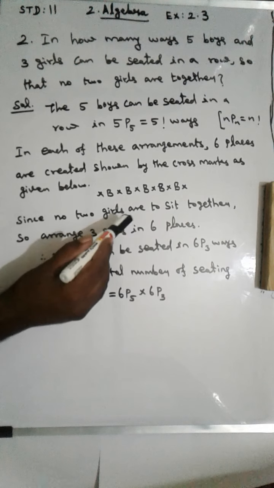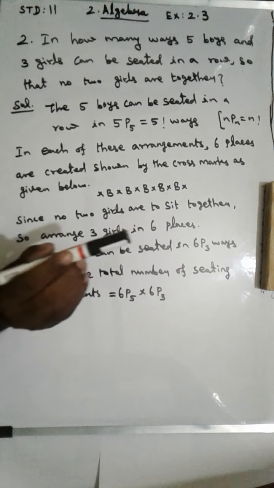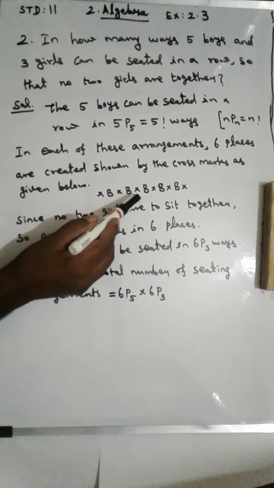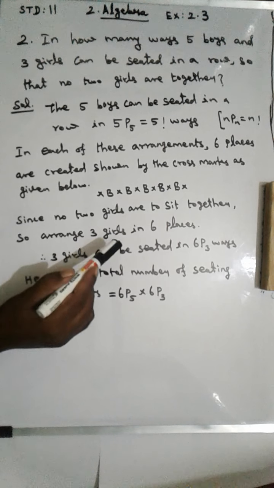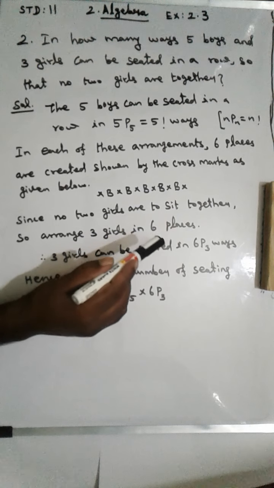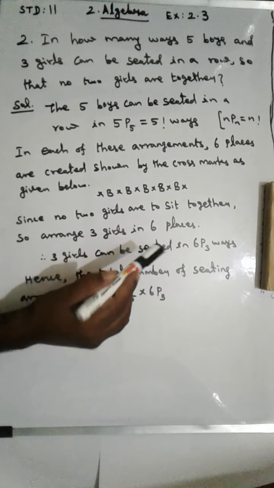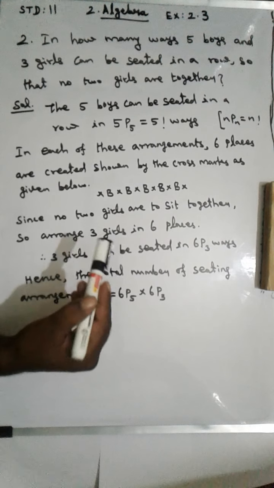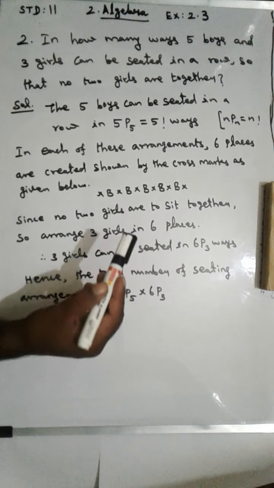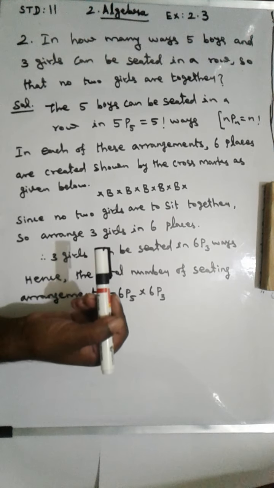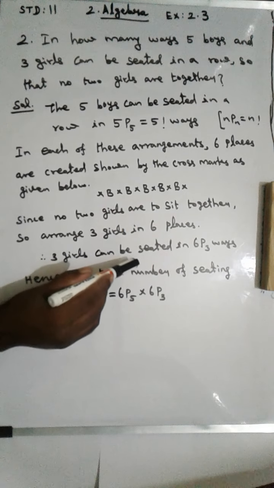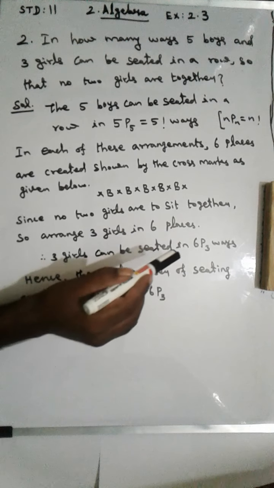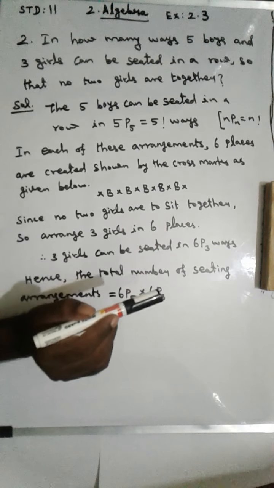Since no two girls are to sit together, we arrange the 3 girls in these 6 places. Therefore, 3 girls can be seated in 6P3 ways.